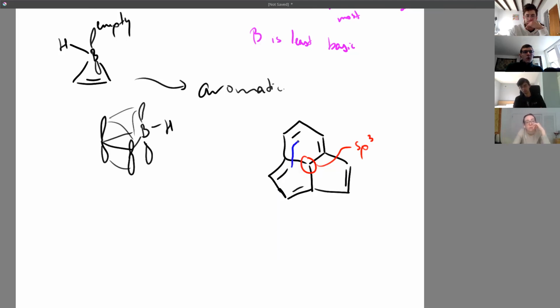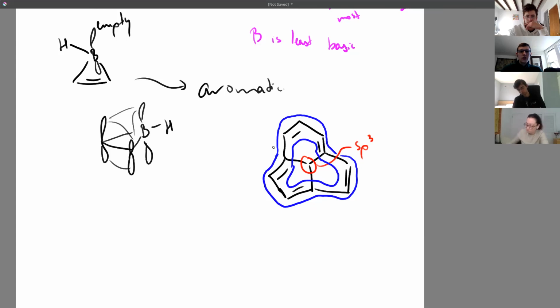We could still go all the way around the ring. We could look at all these carbons on the outside. And all of these here are going to be connected by double bonds, and it's all going to be conjugated.